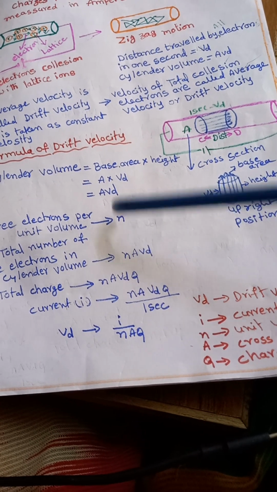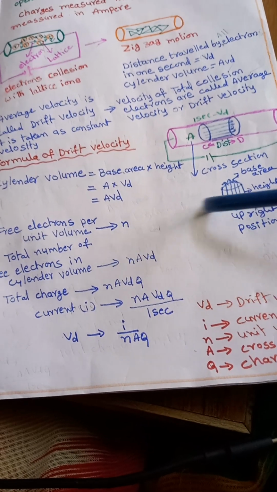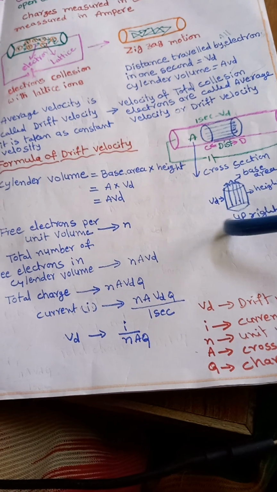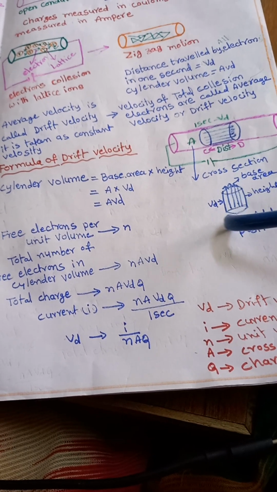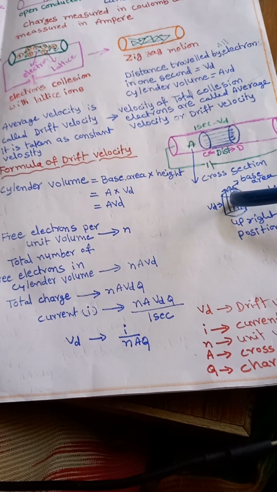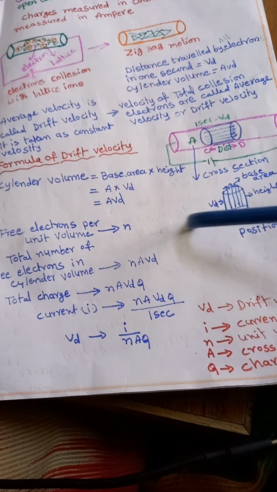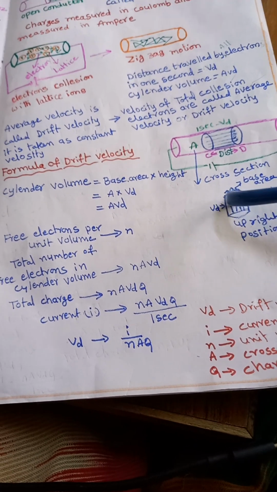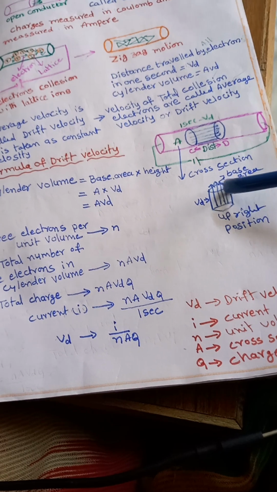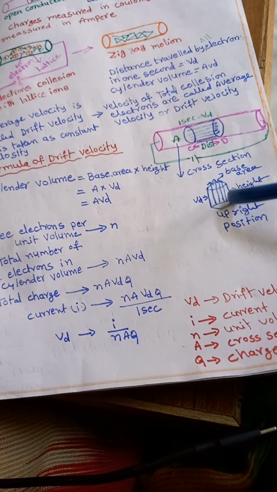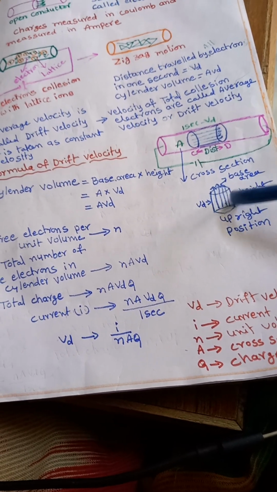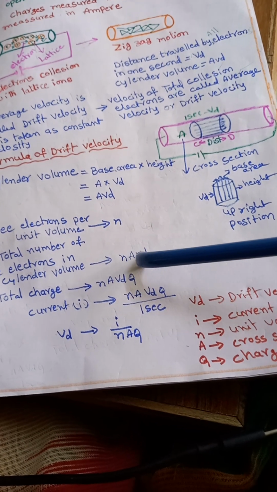So the total number of electrons in the cylinder volume is N A Vd.